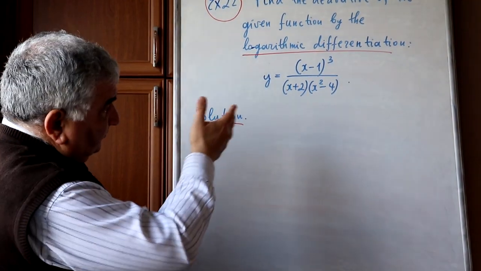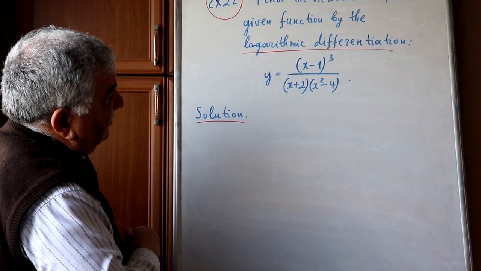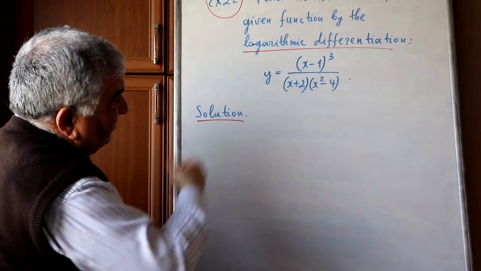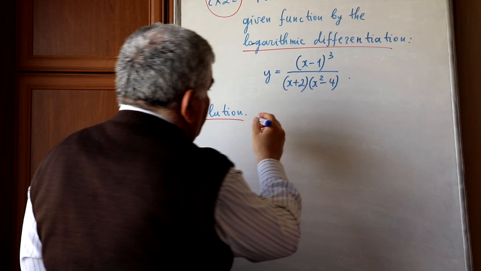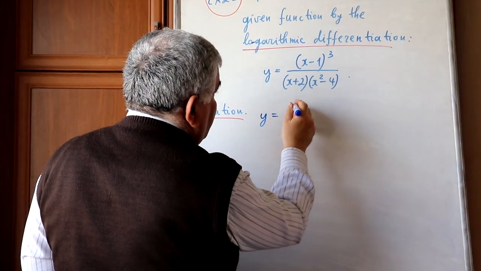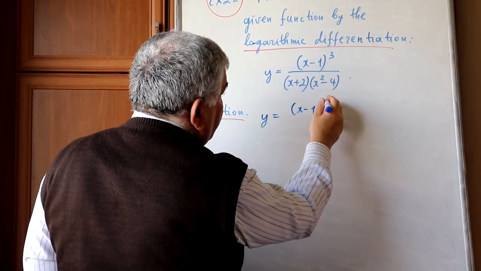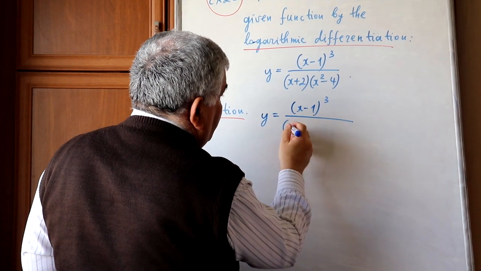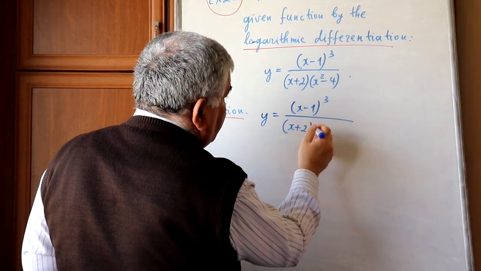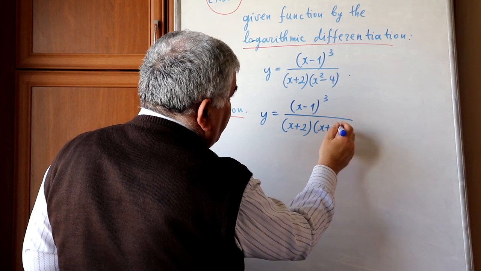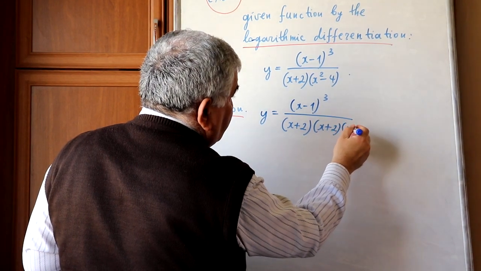First, transform the expression of the given function: y equals x minus 1 cubed over x plus 2 multiplied by x plus 2 multiplied by x minus 2.